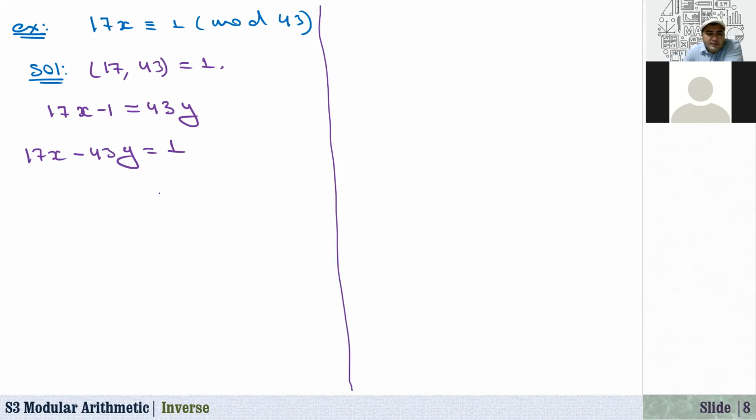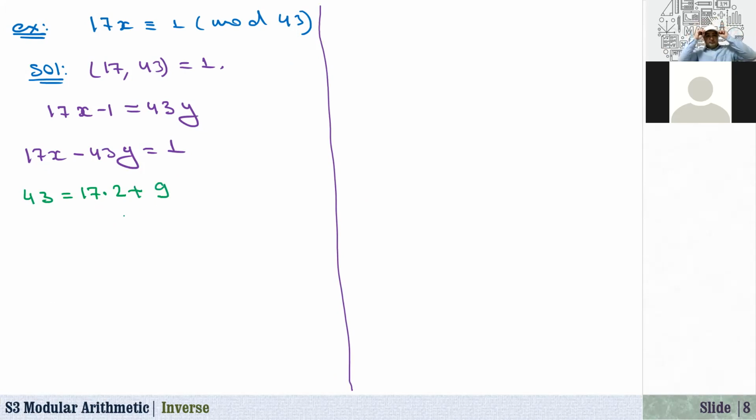So let me just start with 43. It doesn't matter if you start with 17 or 43, but 43 is a bigger number, so I want to start with 43. 43 is equal to 17 times 2, which is 34, plus 9.